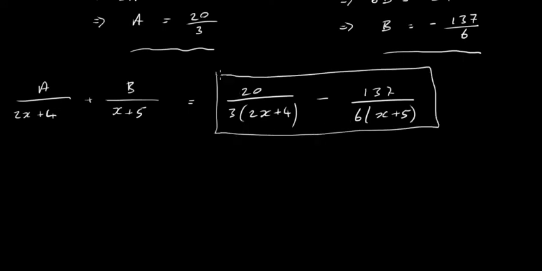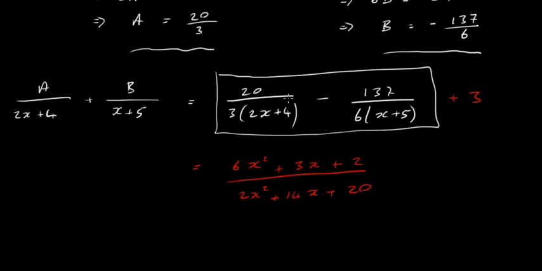Okay, these two fractions added together, or subtracted in this particular case, should give me my original fraction, which was, remember, 6x squared plus 3x plus 2, all over 2x squared plus 14x plus 20. Now we divided this in and we got 3, so really what we've got is these two fractions added, and then we've got to add 3 as well.